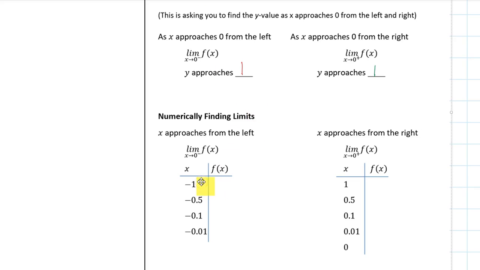I want to plug in -1, -0.5, -0.1, and see what's happening with f of x. As you'll notice here, I'm going to get closer to 0 from -1. Then I'm going to move in a little bit closer to 0 at -0.5, a little bit closer at -0.1, and a little bit closer at -0.01. So that's what I want to do with my calculator.